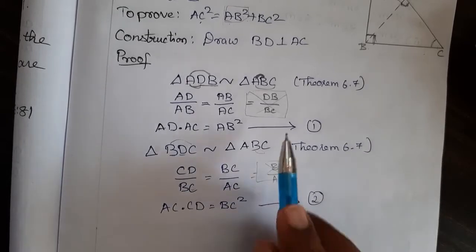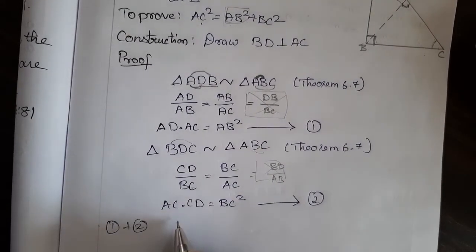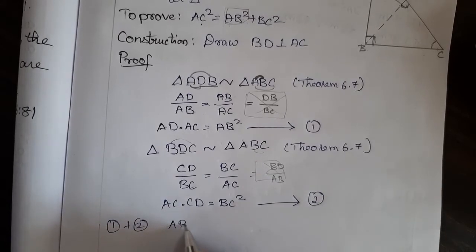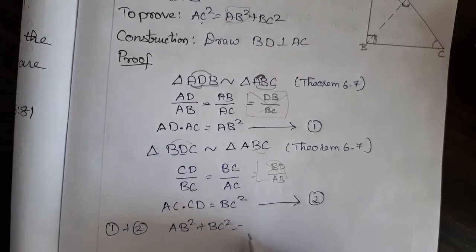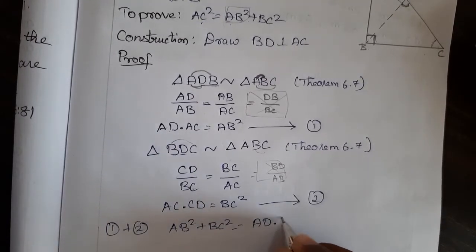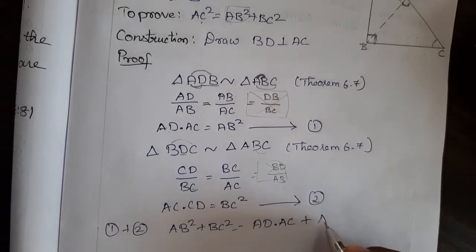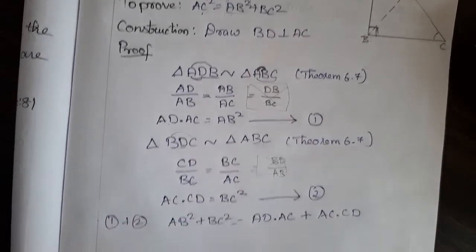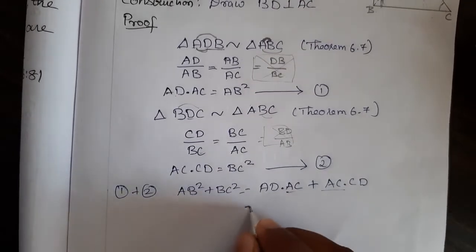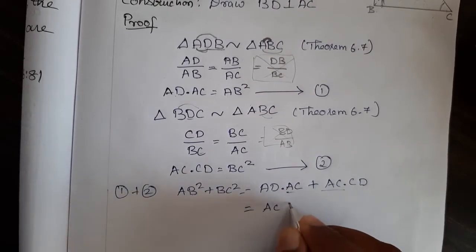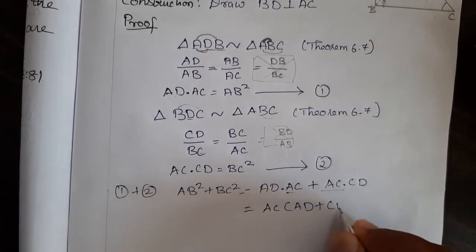Equation 2. Now let me add 1 and 2. So we will be getting AB square plus BC square is equal to, what is the AB square value? AD into AC plus here AC into CD. You can see that AC is common, we are applying the distributive property. So we will be getting AC into AD plus CD.